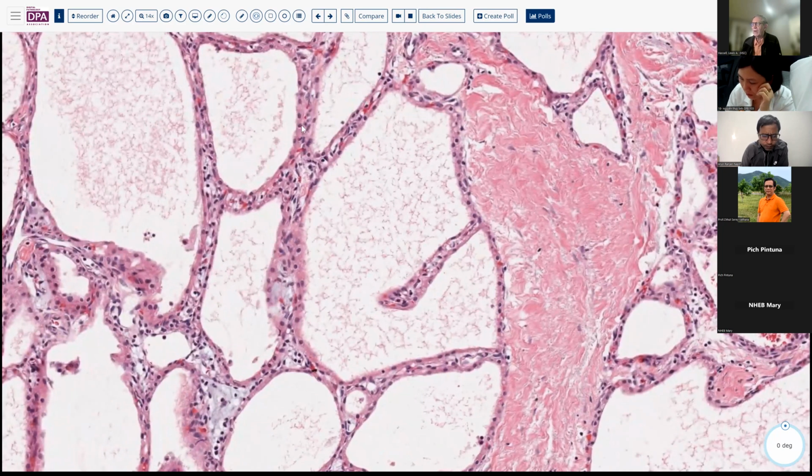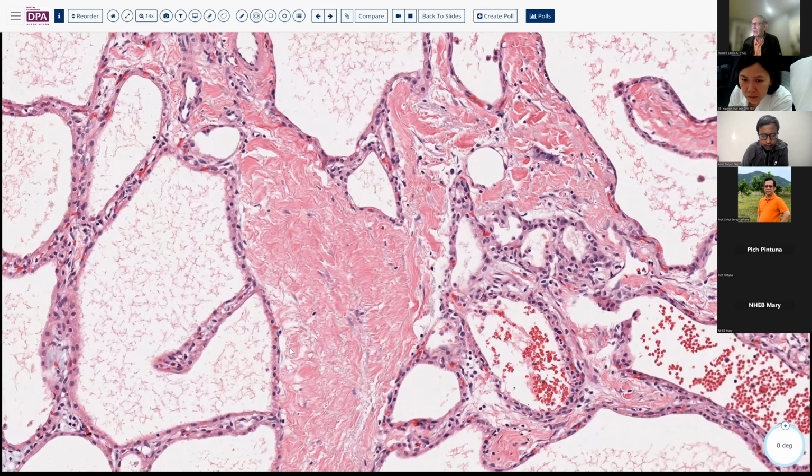The cells tend to be very low grade and have widely spaced nuclei. As you can see here, there's a lot of space between nuclei. And the cell tends to be very cuboidal or even rhomboidal because their nuclei are so far away from one another.